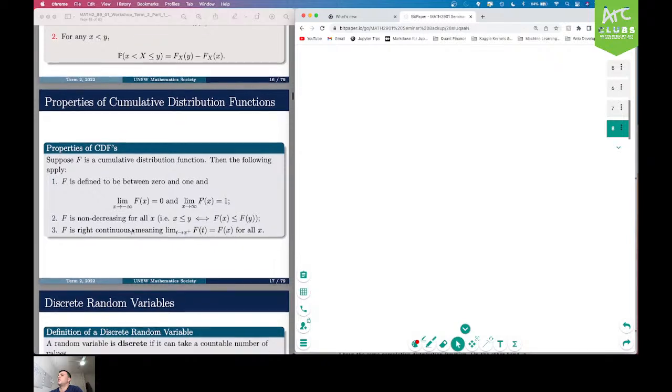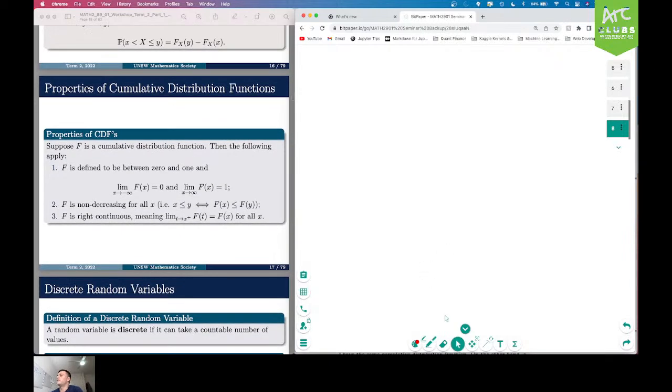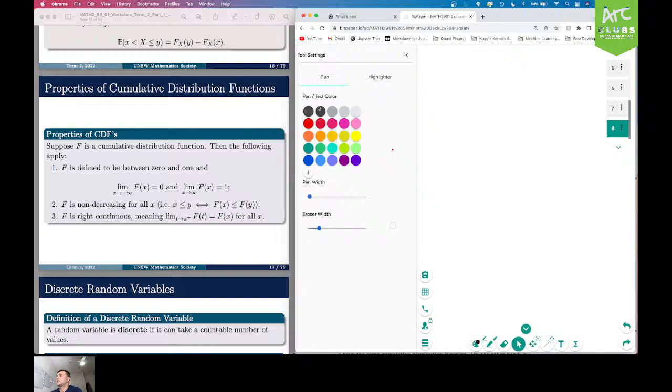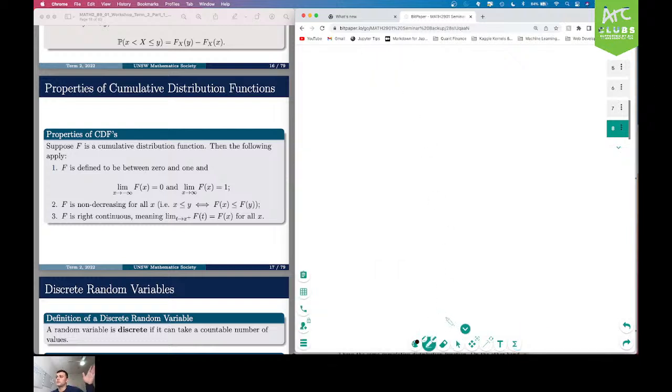Now with cumulative distribution functions, it's only ever going to be increasing, right? Because as you sweep up more probability, it will only go up. So let's just say we have a cumulative distribution function that looks a little bit like that. We know that as we sum up all probability, it'll never be above 1, so its limit as x approaches infinity will be 1, and its limit as x approaches negative infinity will be 0, because probability can never go below 0, right?